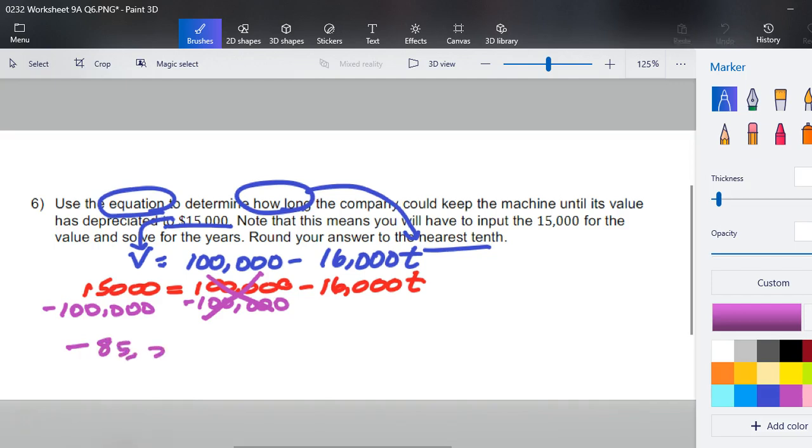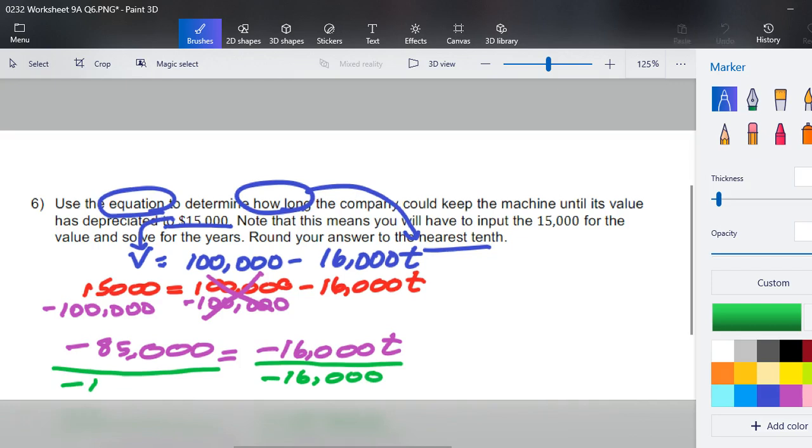So when I subtract my 15,000 minus my 100,000, I'm getting a negative 85,000 equals a negative 16,000 T. Remember, we are trying to solve for T, so we've got one more thing that needs to go. So we will divide by a negative 16,000.